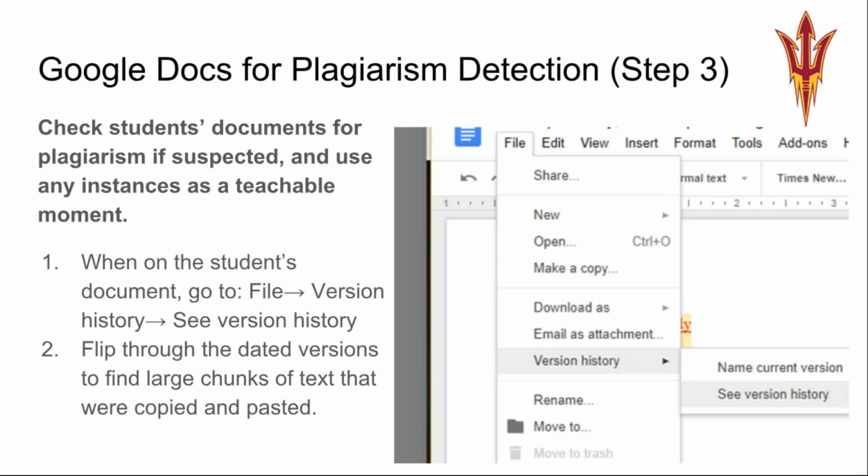You can flip through the dated versions to find large chunks of text that were copied and pasted, because they'll show up in 1 second. In the second-by-second versions, you'll see a little trickle of text, and then all of a sudden there will be this big hunk of text that was copied and pasted in 1 second. That's usually a red flag for me that I need to show the student that I saw this, and we'll go back to it and make sure that they understand what just happened.